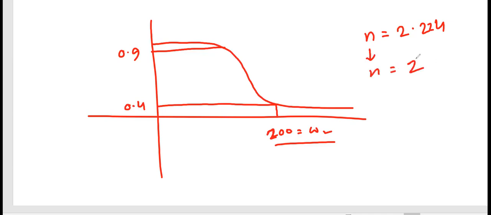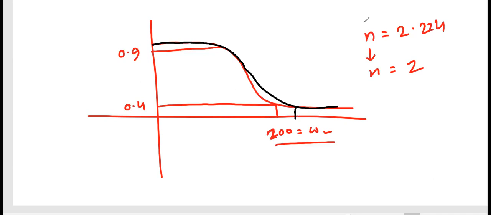In that case, it might happen that the attenuation will not start at 200. It might go beyond that, so it might go like this, at more than 200 probably.